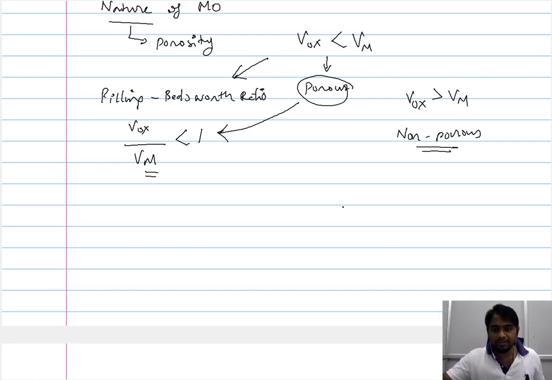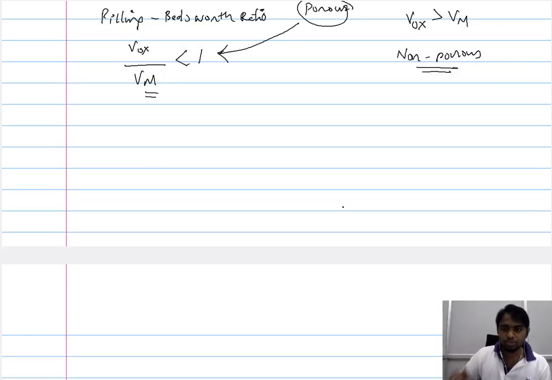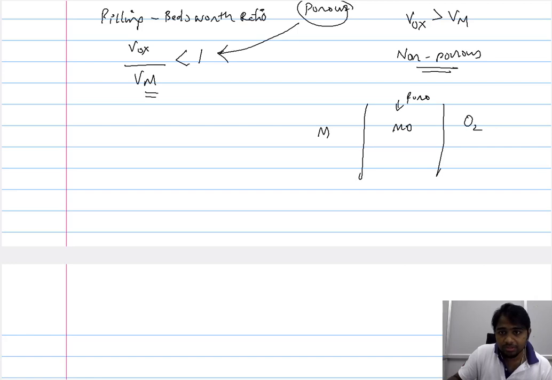What we mean by that is, if you recollect our previous lectures, you have three different systems. One is your pure metal system, the other is your metal oxide system, and the other is your oxygen-rich environment. Now we are talking about the nature of this MO, and we are considering a very porous metal oxide.